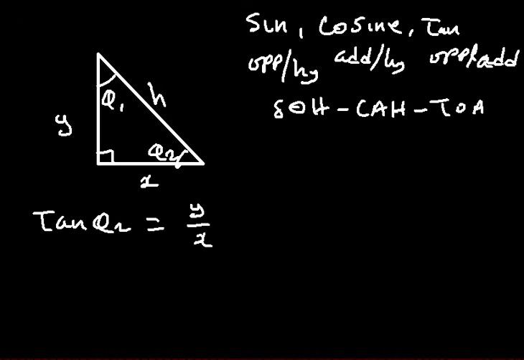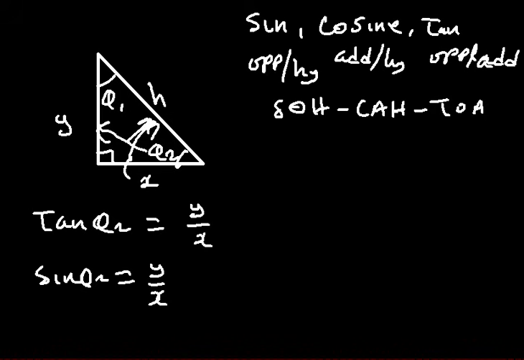Also, in the same case, this is its opposite and this is the hypotenuse. Opposite over hypotenuse is automatically sine, so sin theta 2 is equal to y over h. And how about the adjacent?